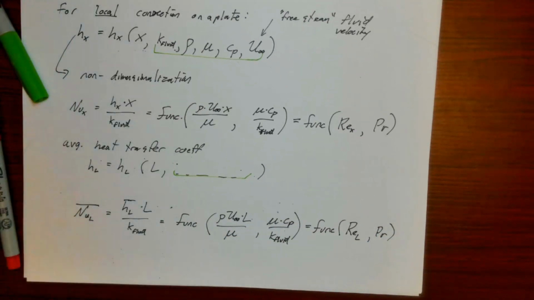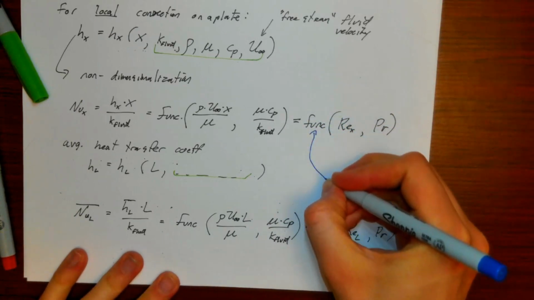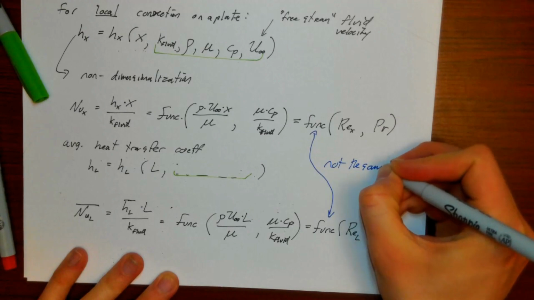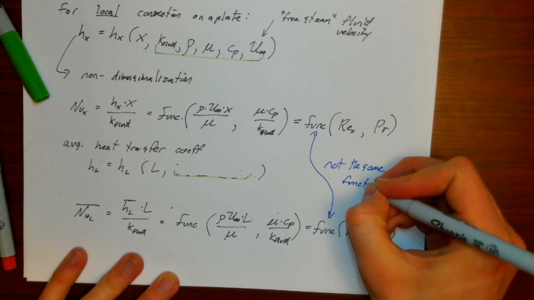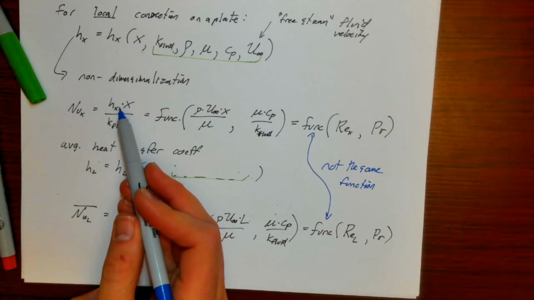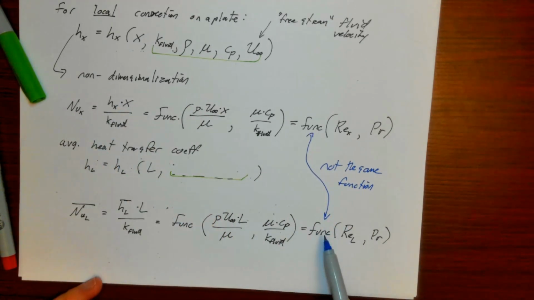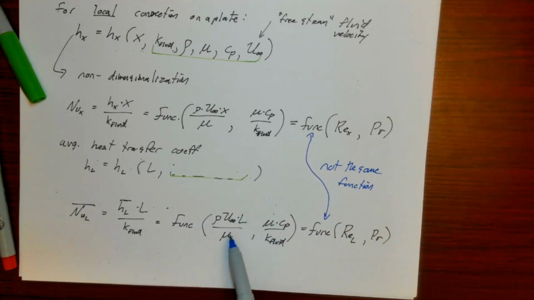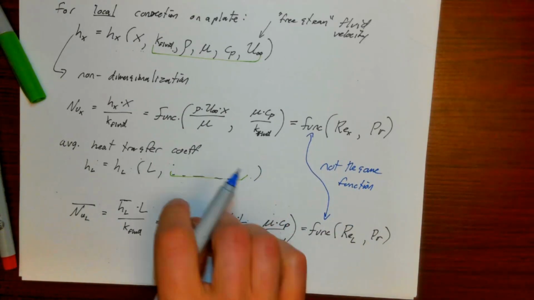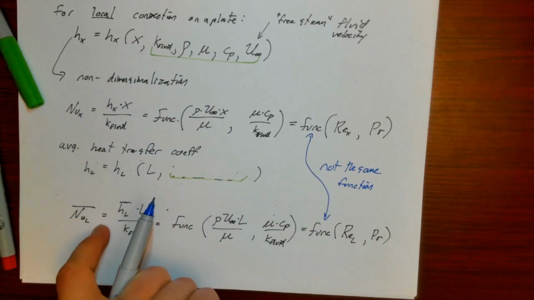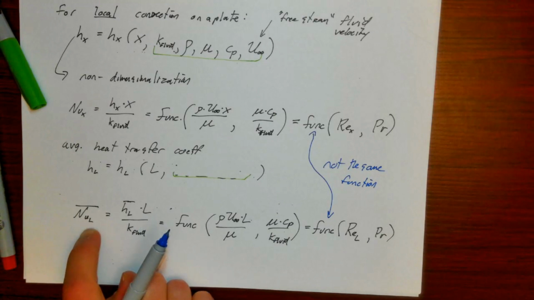One key thing I want to emphasize: these are not the same function. Whatever function gives me a local Nusselt number is not going to be the same function as what gives me an average Nusselt number. Even though the arguments look similar, and even if I subbed in L for x right here, this would not give me the same as what I had here.